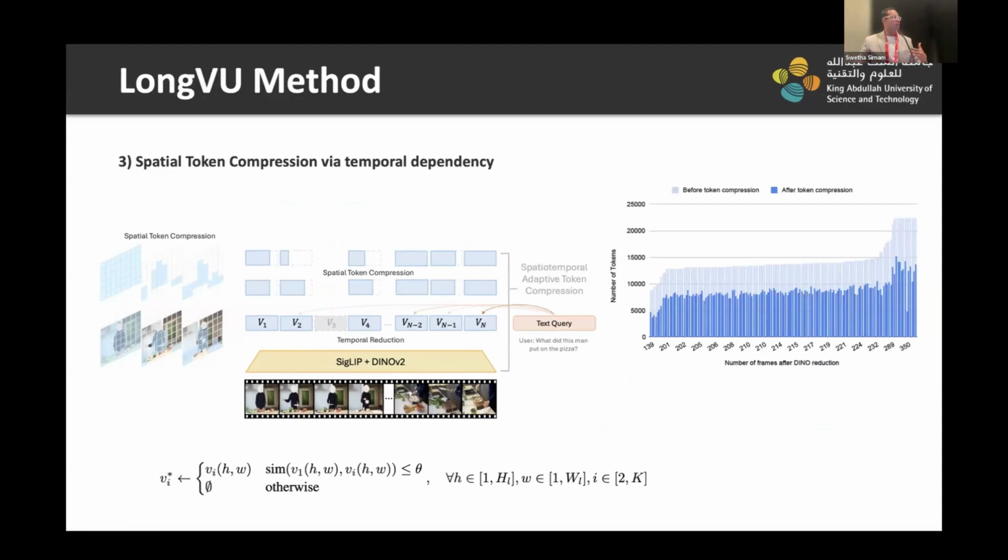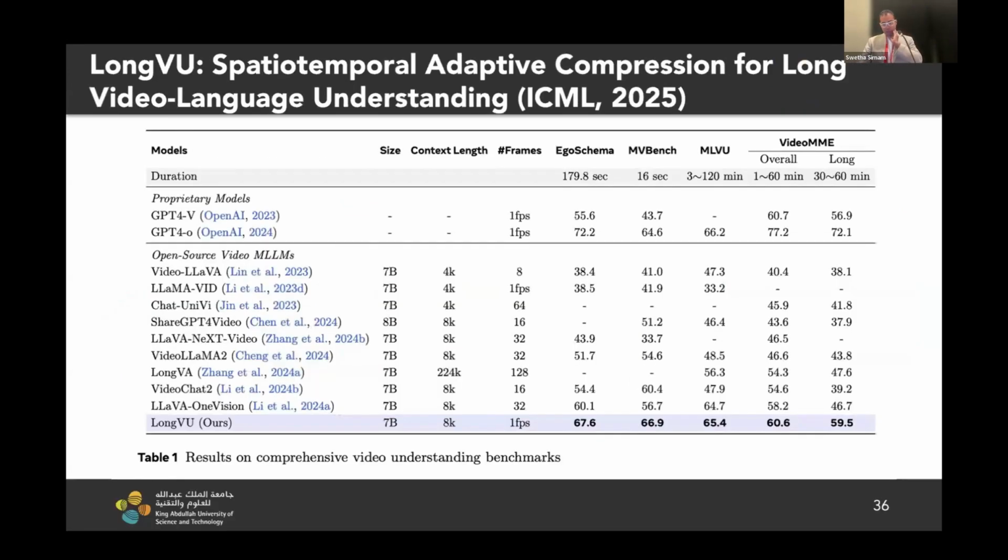We trained this during Xiaoxin's internship at Facebook, and each of those experiments took a few thousand GPU hours on A100s. At that time, one of the exciting things was that we managed to beat GPT-4V on existing video understanding benchmarks, EgoSchema, MVBench, MLVU, and decrease the gap to GPT-4o.